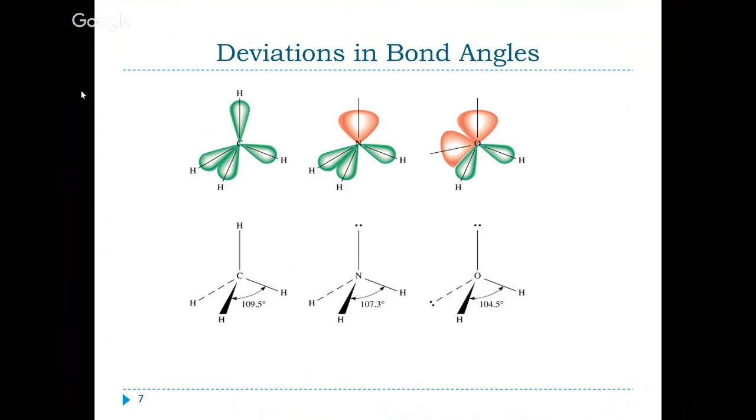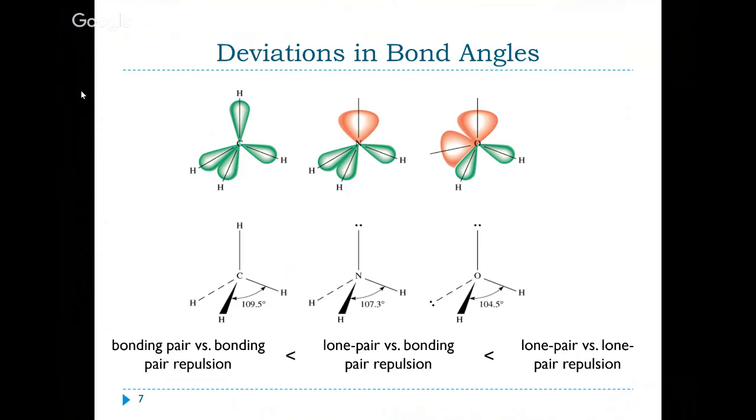We still have 2 total atoms plus 2 lone pairs, which is 4, so the electron domain geometry is tetrahedral. However, our shape is bent. So the more lone pairs of electrons we have, the more we see a deviation from our typical bond angle, comparing it to if everything was just a bonded atom.